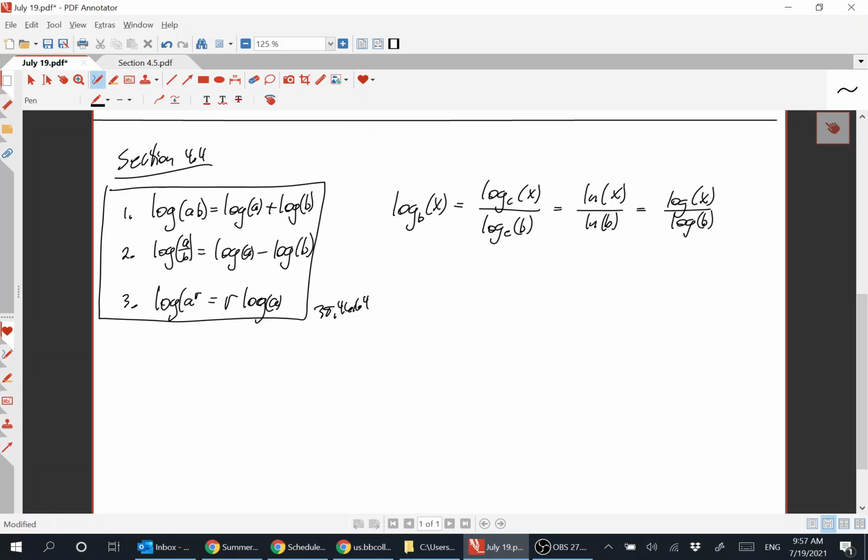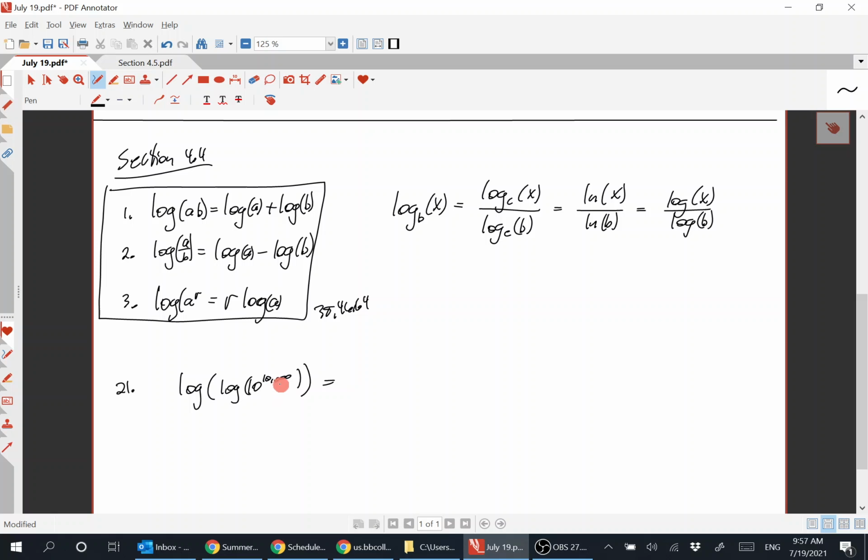The 21, that's an interesting problem. So use laws of logarithms to evaluate each expression. The log of 10 to the 10,000.